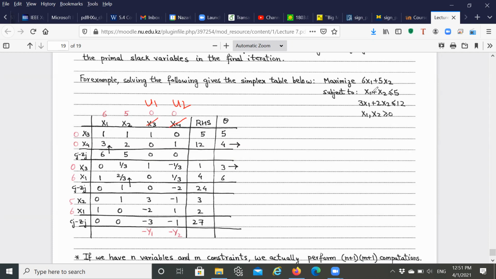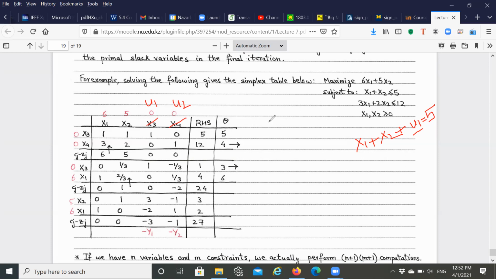So basically I had X1 plus X2 plus U1 is equal to 5, and 3X1 plus 2X2 plus U2 is equal to 12. So the U2 was this X4. I'm just replacing it to be consistent with the notations that we have used for the complementary slackness condition.